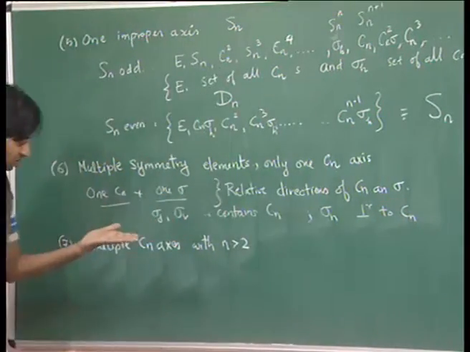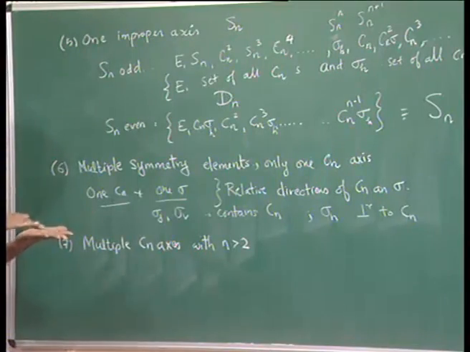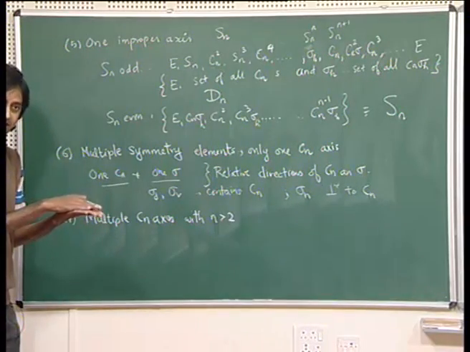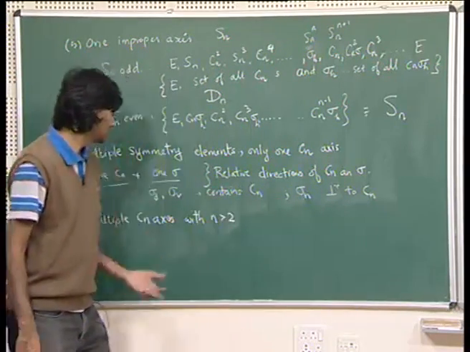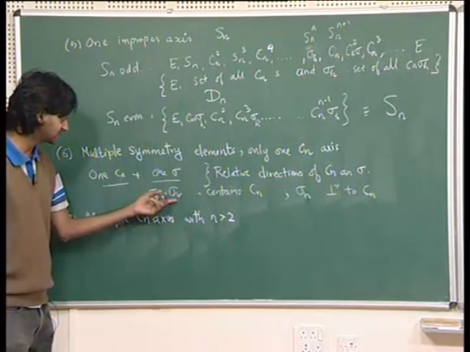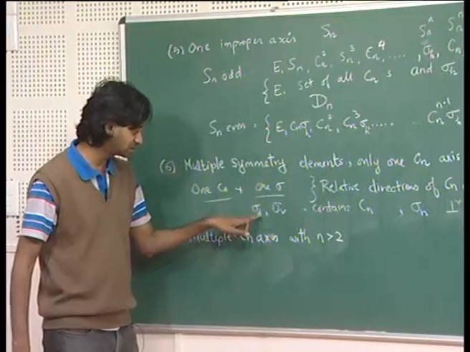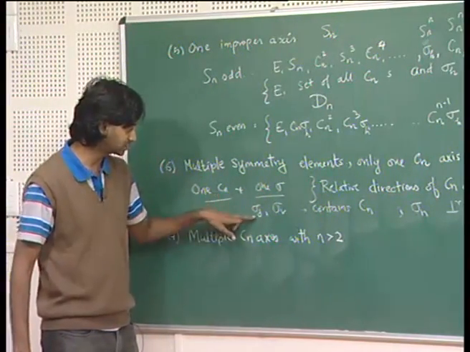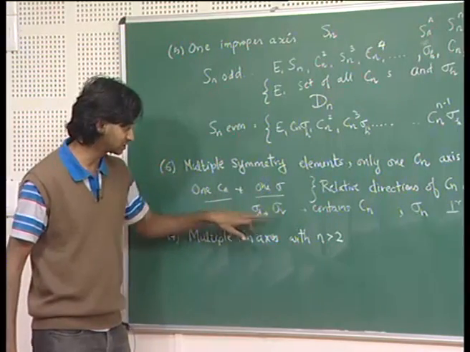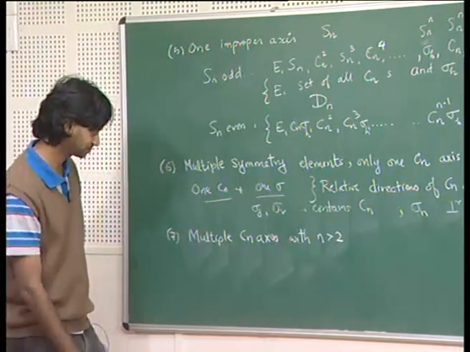So suppose you have a molecule where the sigma plane of symmetry is perpendicular to the C_n axis, then we call that plane sigma_h. If it contains the C_n axis, then depending on whether it passes through atoms or passes between atoms, it is called sigma_v or sigma_d.